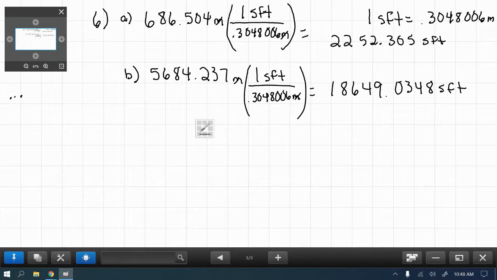Second one, I got 18,649.3048. No, 0.03. I just changed my numbers around. The older I get, the more dyslexic I get. I'll look at it and read it backwards.